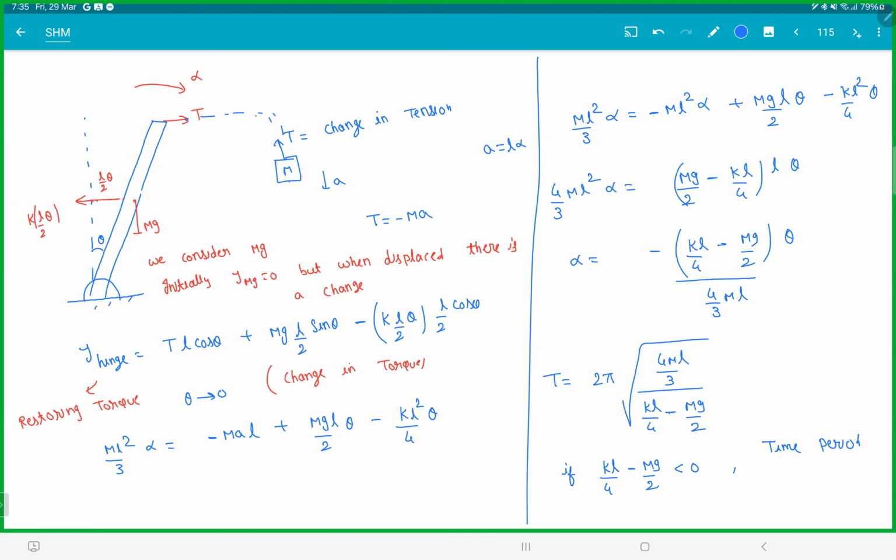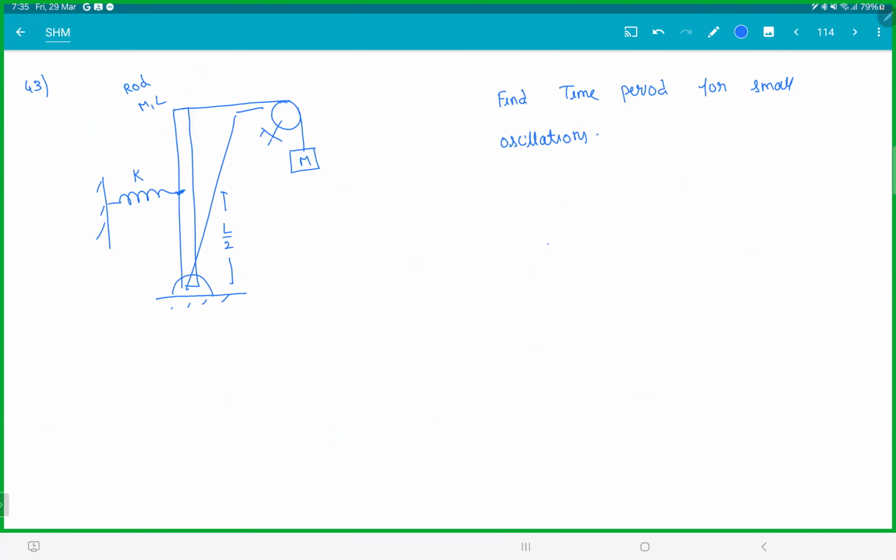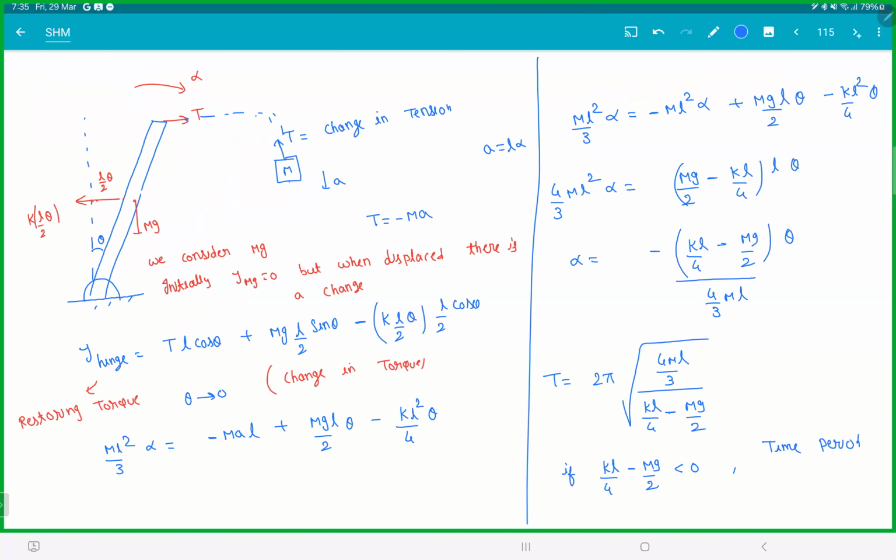Basically, the system is in unstable equilibrium, meaning the moment you displace it, it will never come back. It will just keep falling down. The mg is so strong, the spring can never stop it. It won't oscillate. It is an unstable equilibrium. There will be no oscillations.